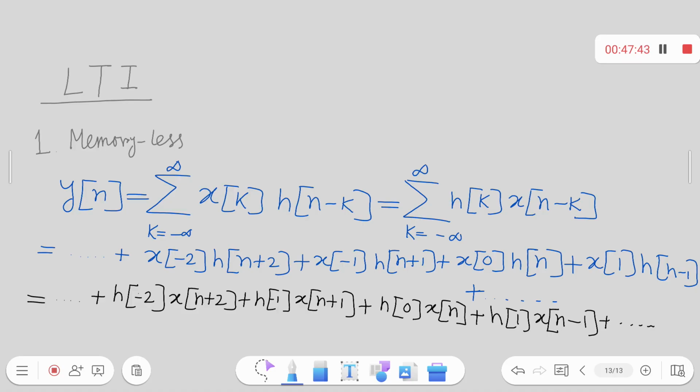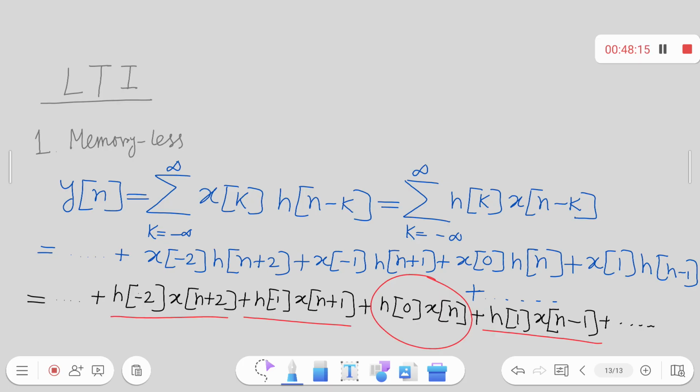But here the case is that the present output will depend only on the present input, neither on the past input nor on the future input. So all of these other terms will be irrelevant. Only this term will be there. Because for h of minus 2 x of n plus 2, what is x of n plus 2 with respect to y of n?